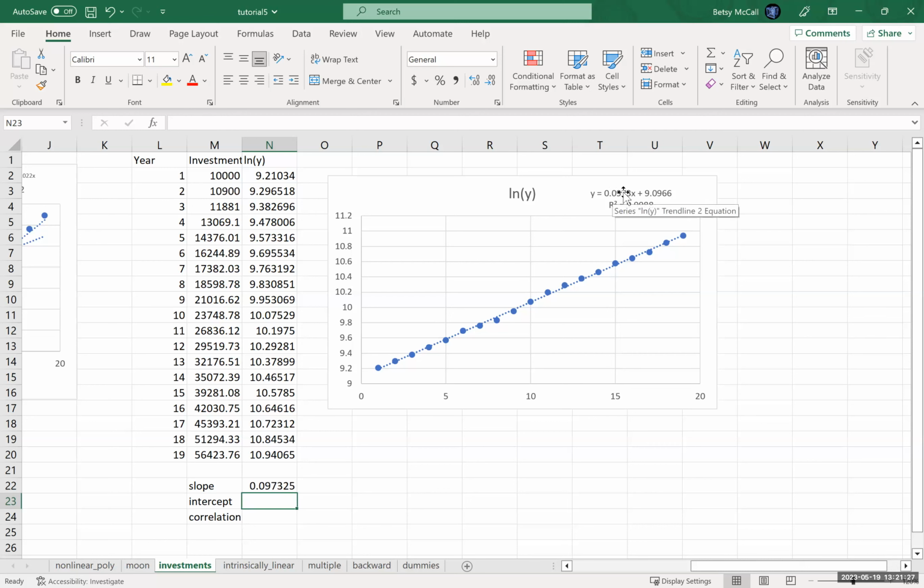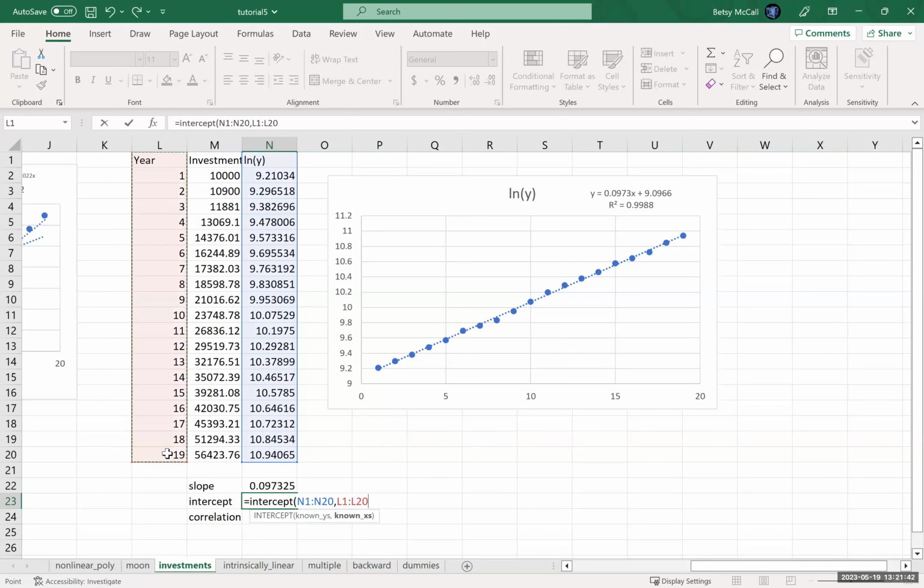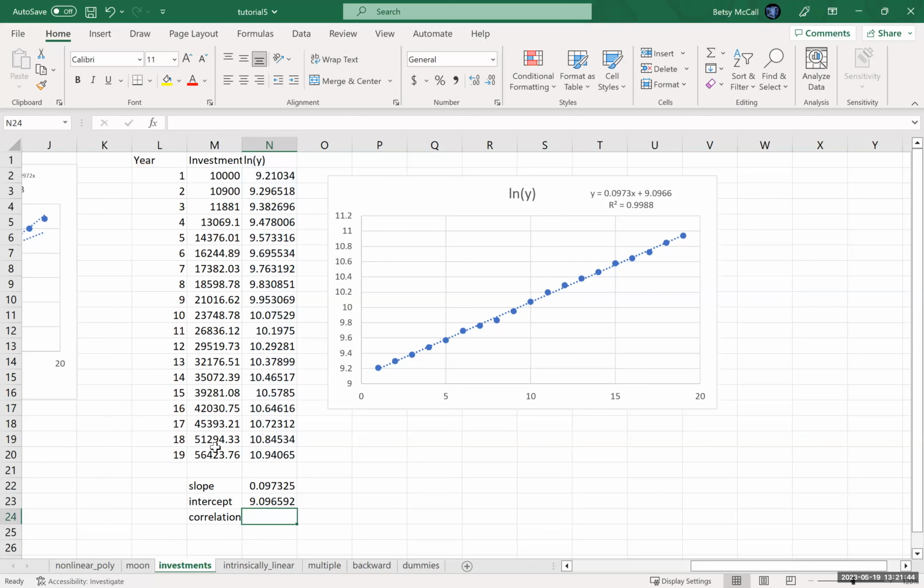Again, that matches the slope coefficient on our graph. We can calculate the intercept. Again, order here matters. The y has to go first for those two.